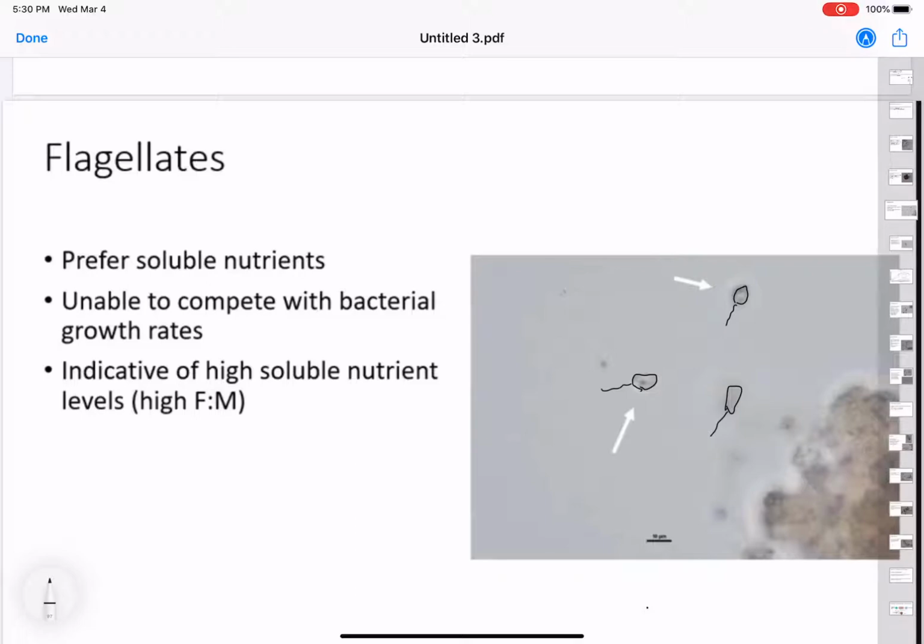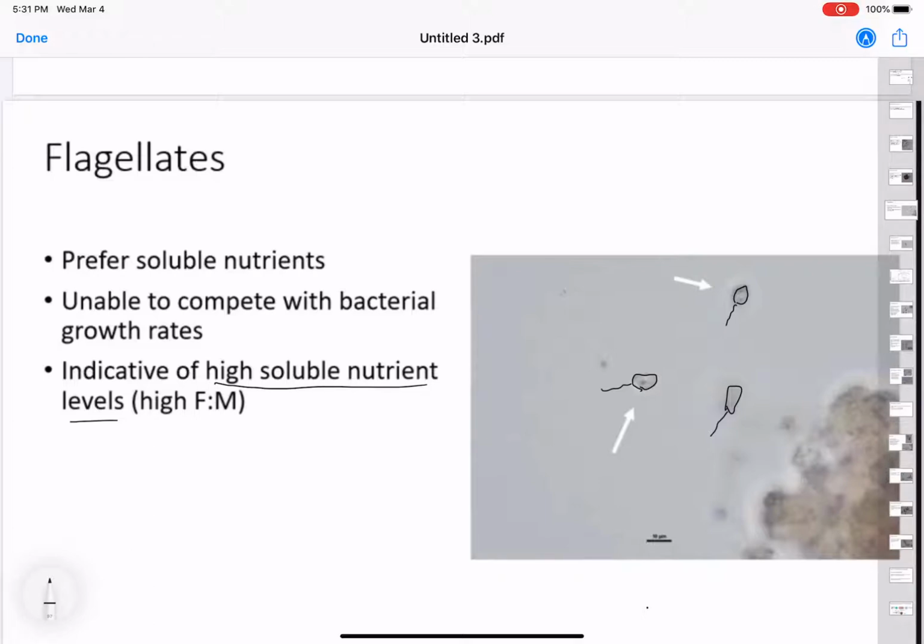These flagellates cannot compete with the bacterial growth rate, because bacterial growth is huge, easy to grow every second. Flagellates are not as easy to grow as bacteria. And if flagellates are found in wastewater, it's indicative of what? High soluble nutrient levels. Nutrients mean food, so you'll have high soluble food levels.